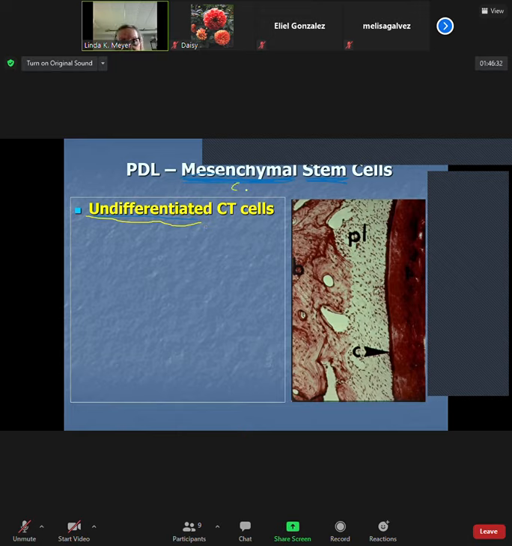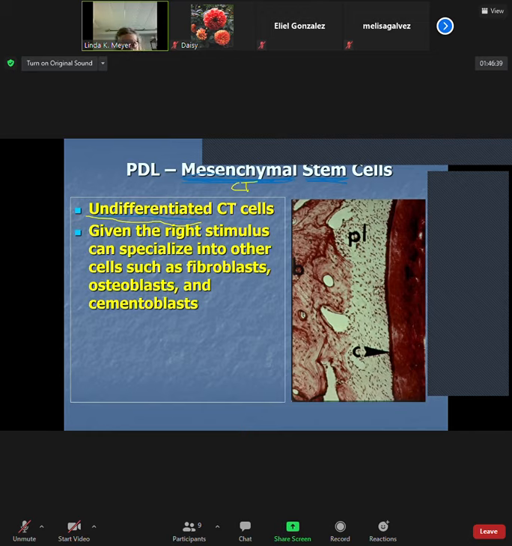That's what mesenchymal means, embryonic connective tissue. And what happens is if they're given the right stimulus, they can specialize and replace other cells that I've already mentioned. So let's just say on the root surface, a cementoblast gets injured, a mesenchymal cell can be triggered to turn into one and replace it.